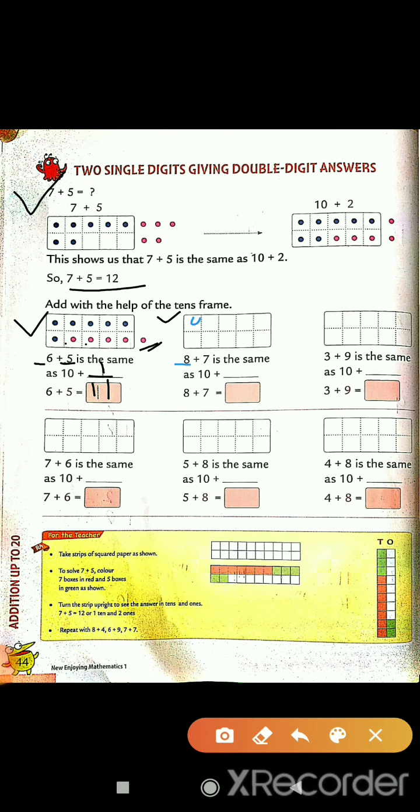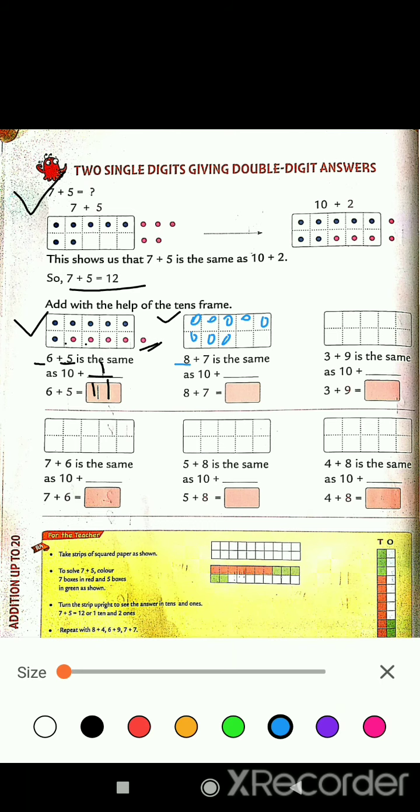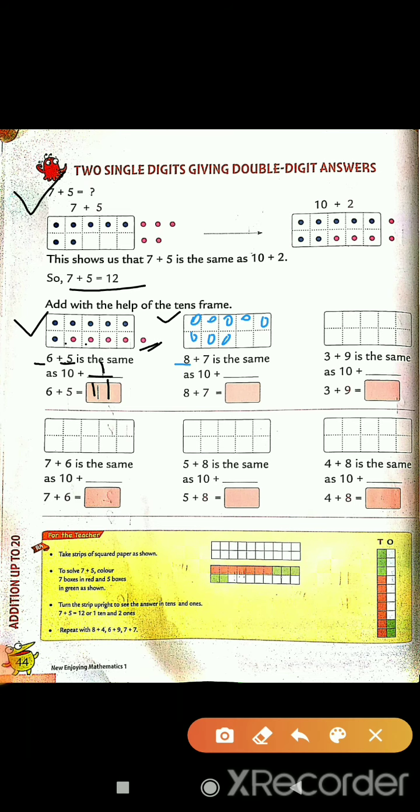So 1, 2, 3, 4, 5, 6, 7 and 8. Students, now take pink color in your hand. How many pink colored balls you are going to add?